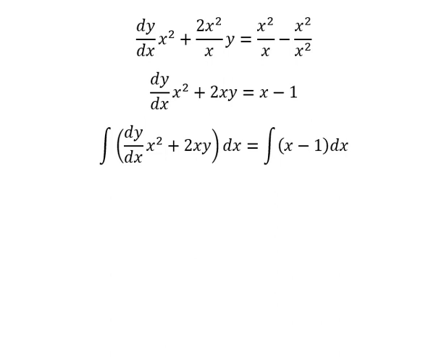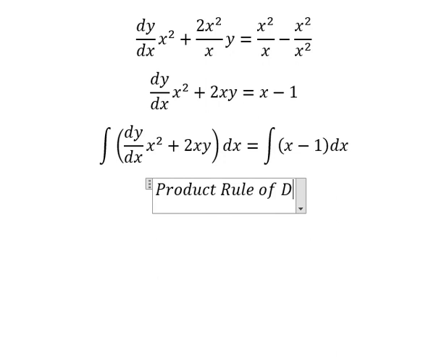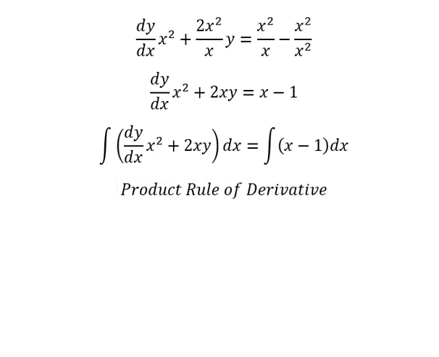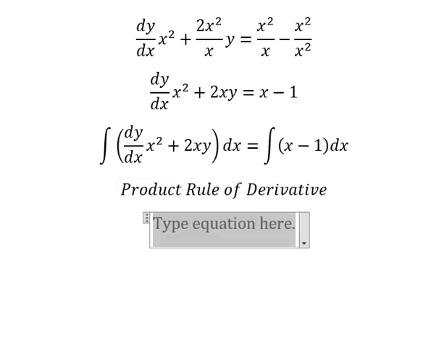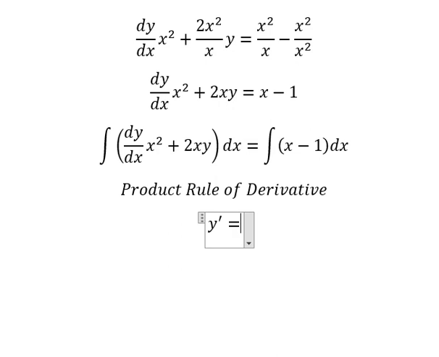Now we can apply the product rule of the derivative. So we have the first derivative of y equals the first derivative of a multiplied by b plus the first derivative of b multiplied by a.